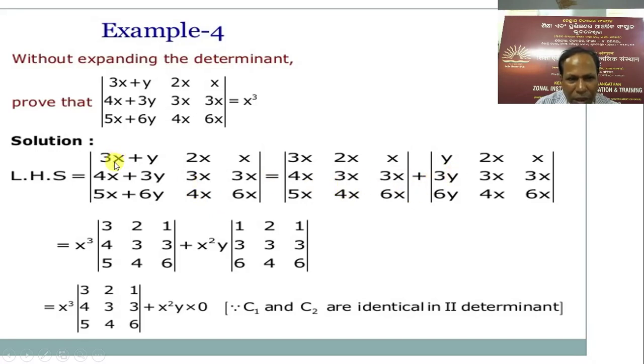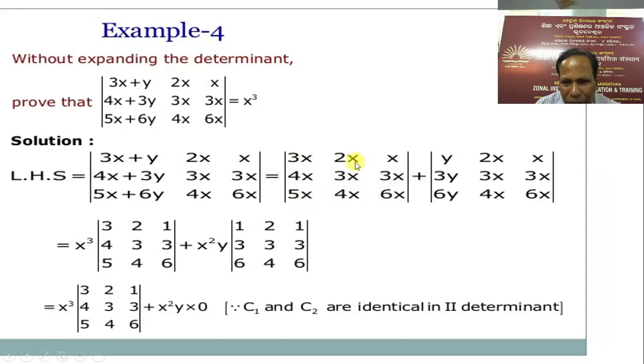So the first determinant will be 3x, 4x, 5x, then the other two columns remain as it is, plus the second determinant is y, 3y, 6y, and the other two columns remain same. Now here in the first determinant we find that x is common in the first row. x is also present in the second row. x is present in the third row.